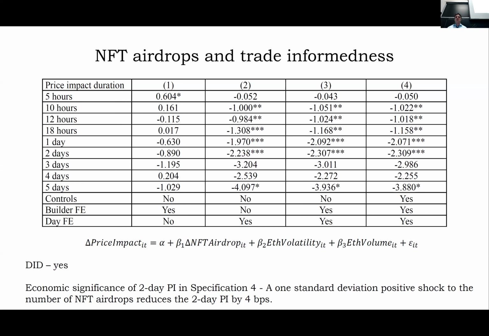Over a smaller period, let's say 5 hours, 10 hours, it could be positive, because maybe there is an overshoot in the price. But if you look at the longer period, which is 5 days, you see that it's negative. In fact, a one standard deviation positive shock to the number of NFT drops reduces the 2-day price impact by 4 basis points, which is something, right? It's not really negligible.